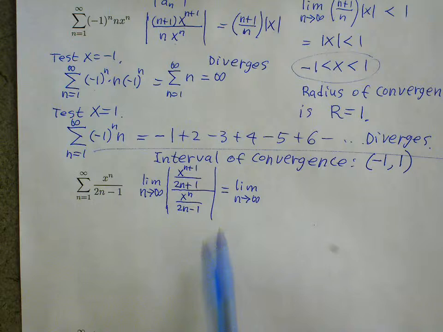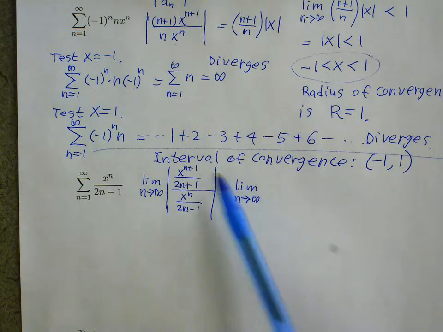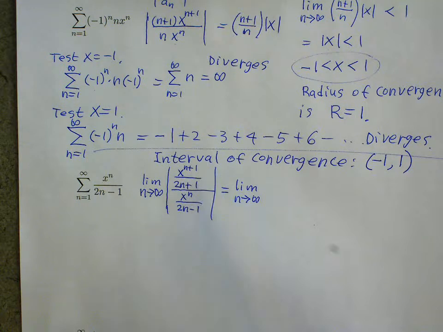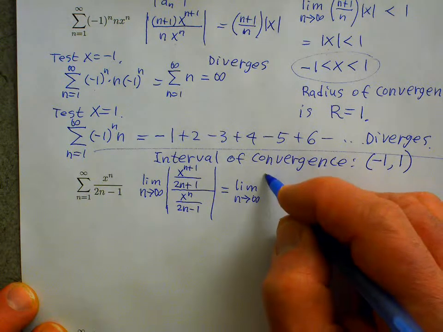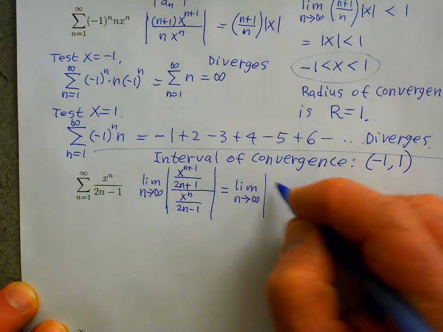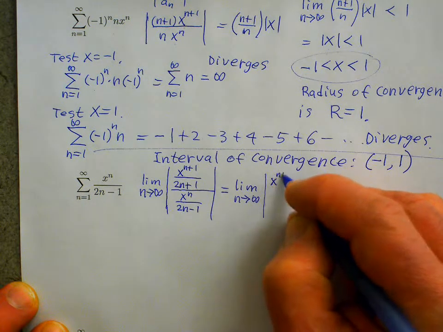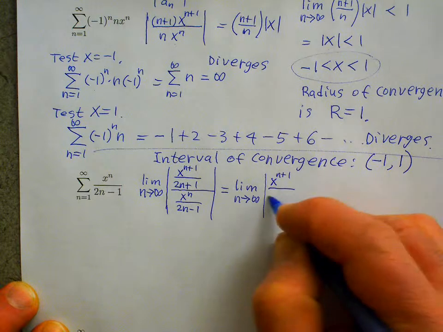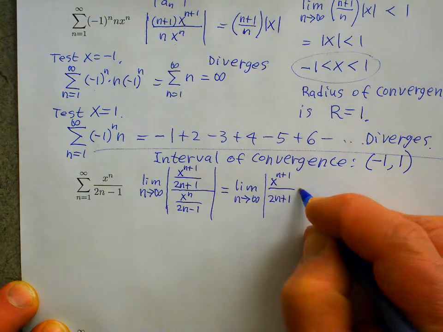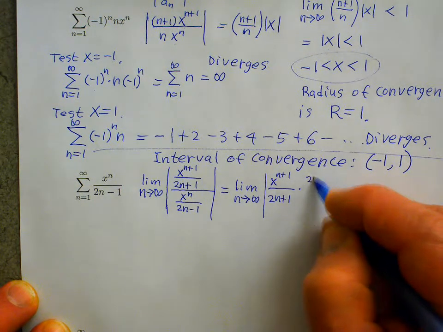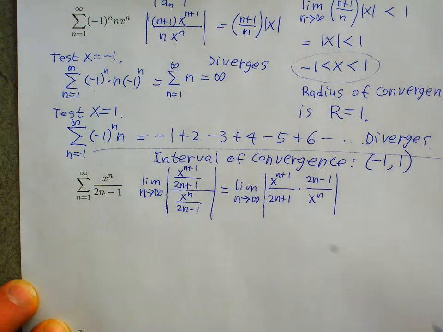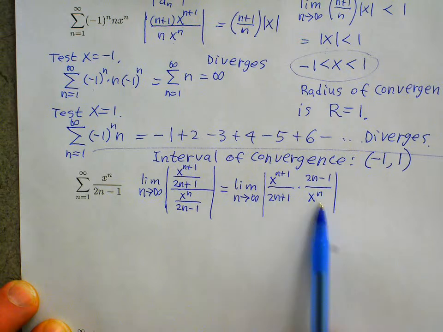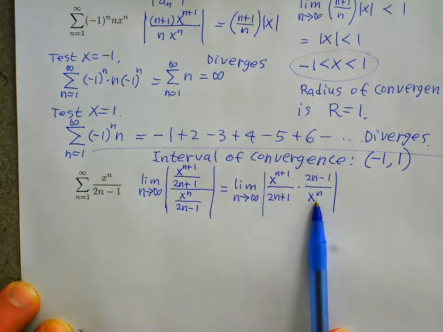When we simplify this, notice we're going to get a simplification. I'll write it in a little more detail. So we're going to have x to the n plus 1 over 2n plus 1 times 2n minus 1 over x to the n. And x to the n plus 1 divided by x to the n is just x.